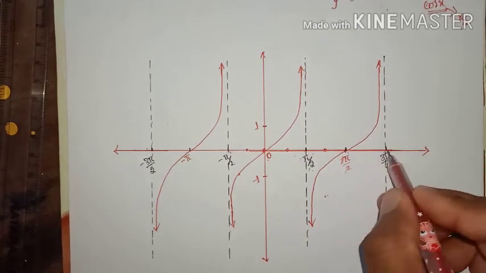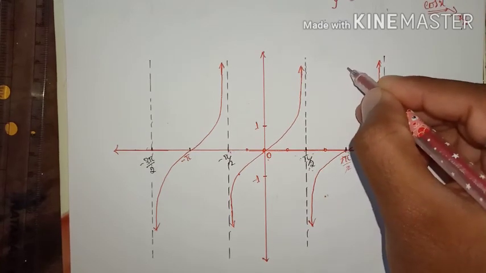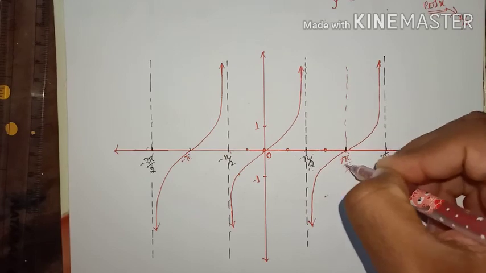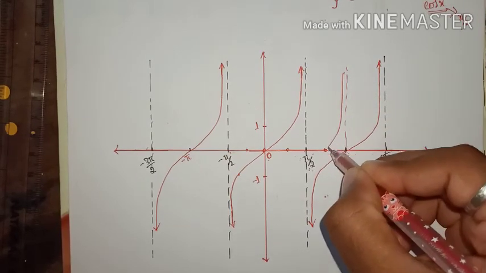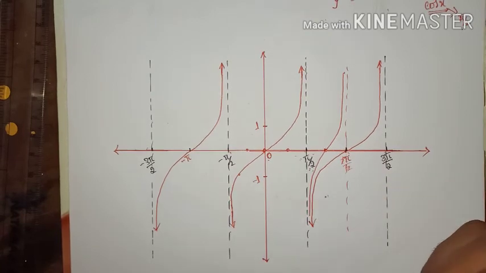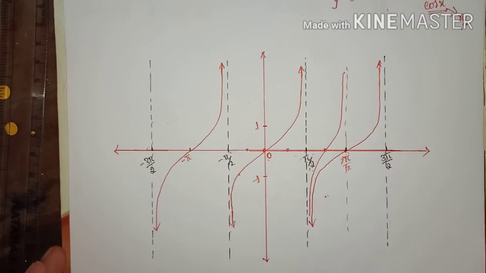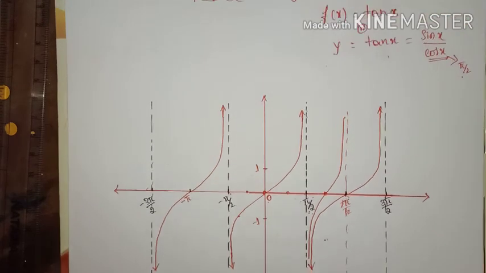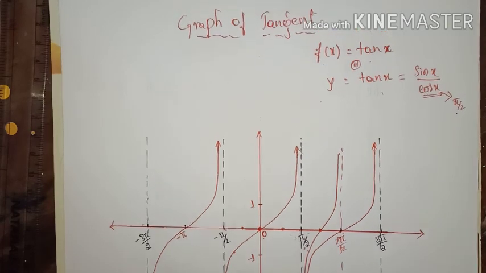You can take that and construct the graph, and then you will get a graph like that. For example, if I construct a straight line over here, the graph will come like this. I hope you all understood how to construct the graph of a tangent. So remember that. Okay, thank you.